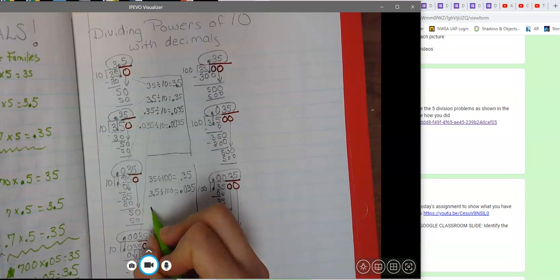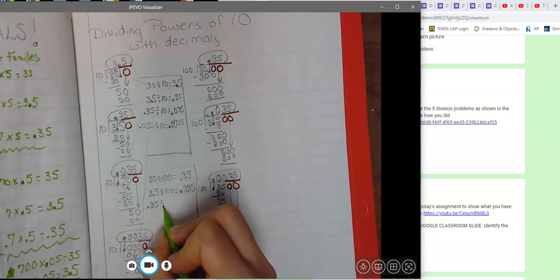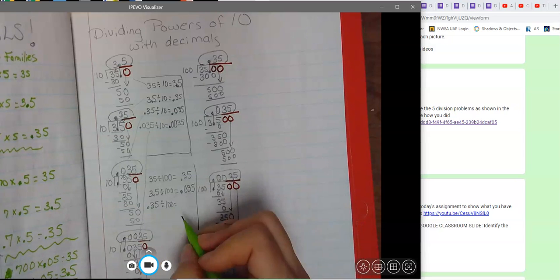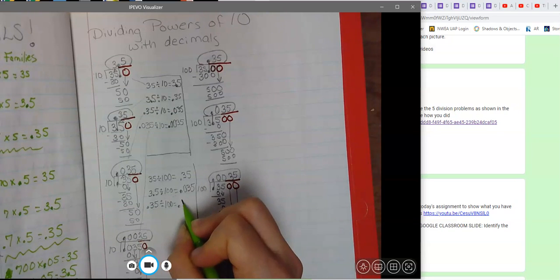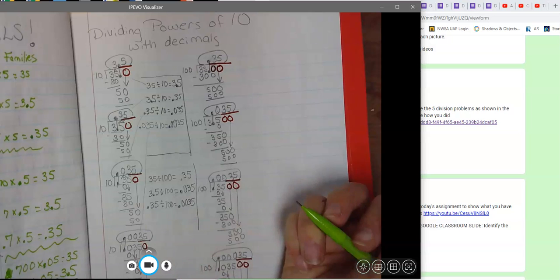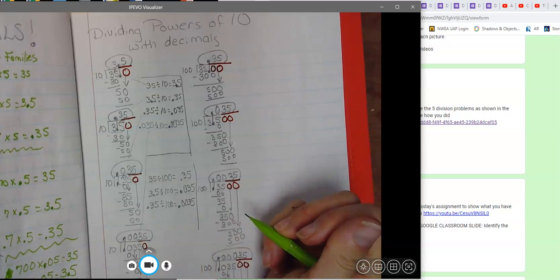This problem started as 35 hundredths, and we divided that into 100 pieces. Well, it makes sense that we're not going to have very much at all. No tenths, no hundredths, 3 thousandths, and 5 ten-thousandths.